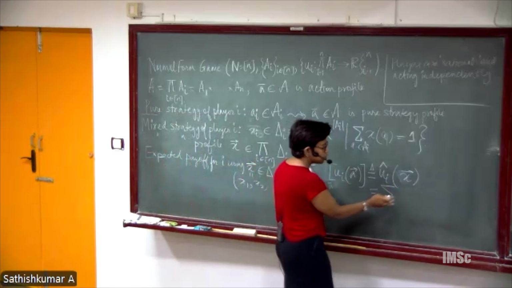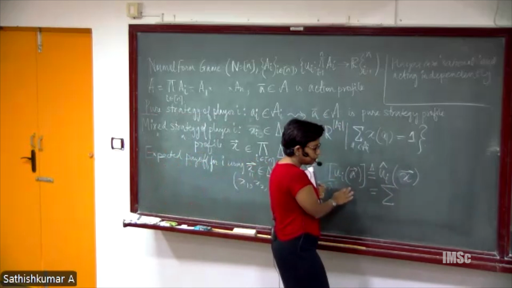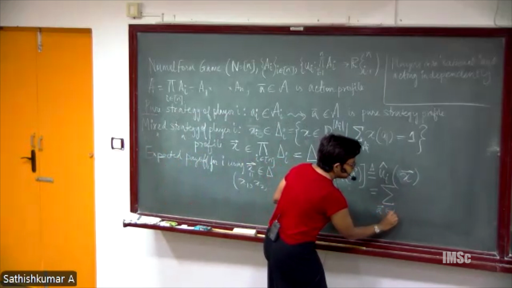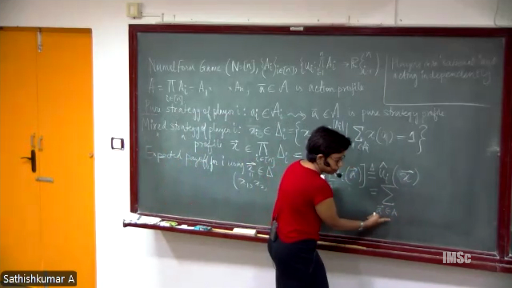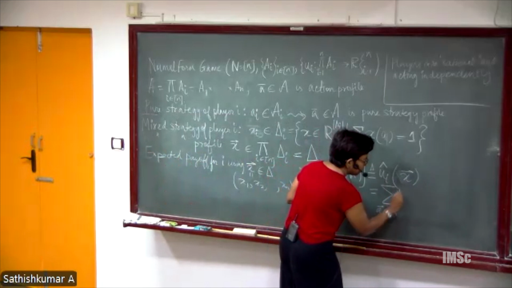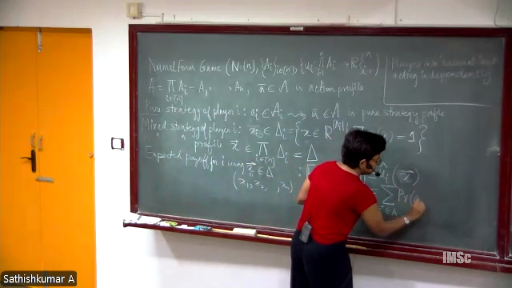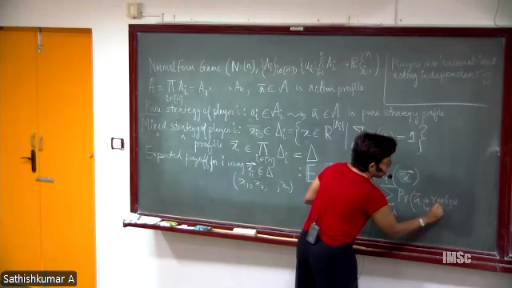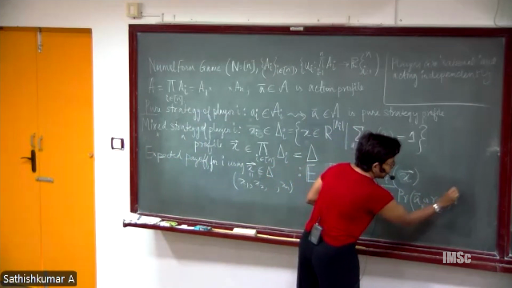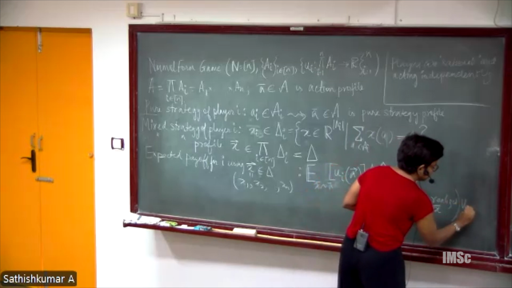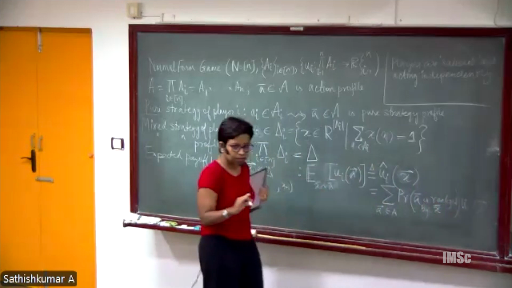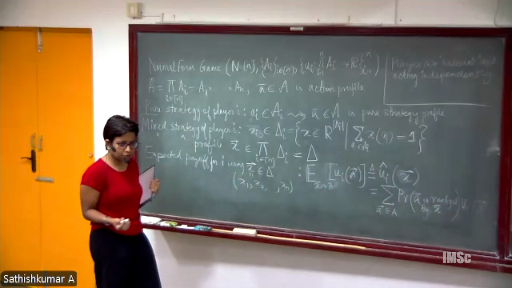So what I'm trying to do an expectation computation over is the probability that this action profile is realized, times the payoff. This would be the definition of expectation used on this.